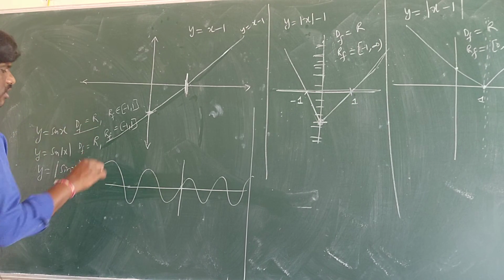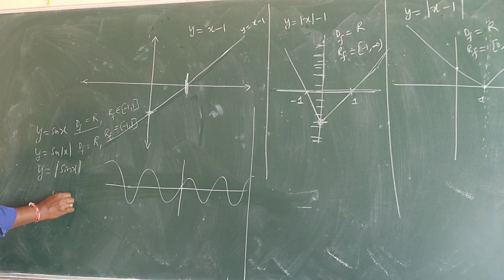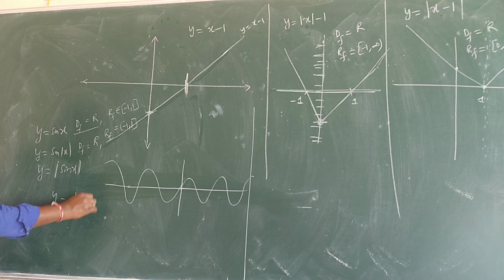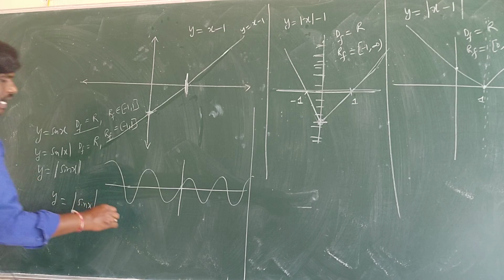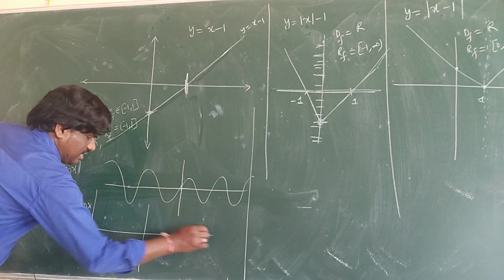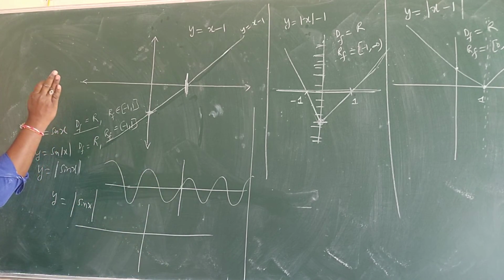But when I keep the modulus of sin x, y is equal to mod of sin x, the complete function I keep in the mod. Then what happens here? The down part will jump up.